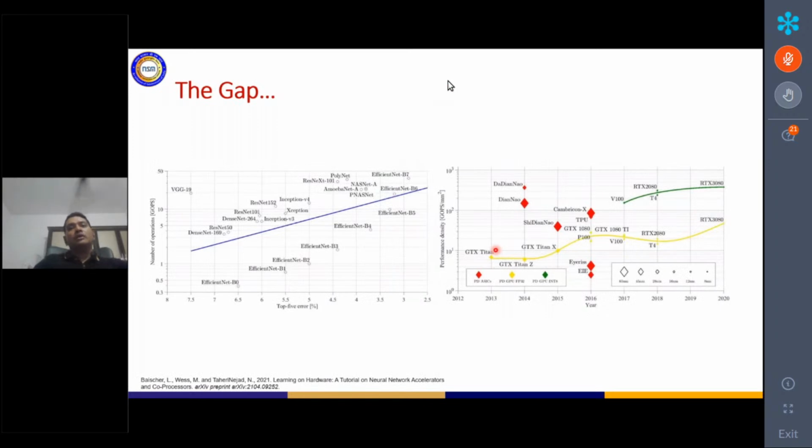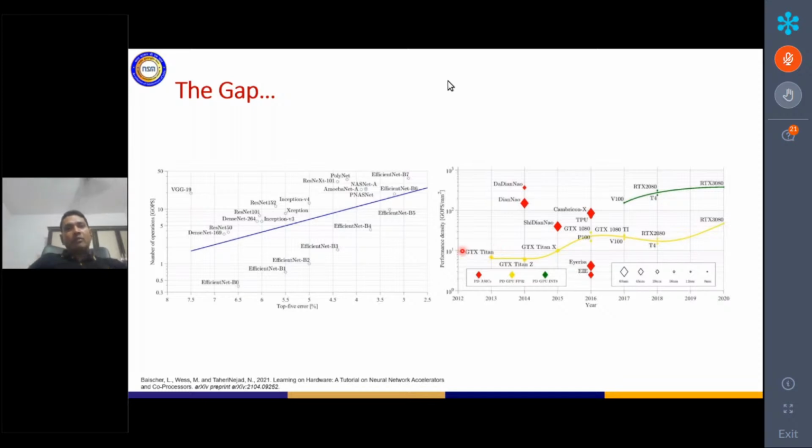Now we are talking about the gap. I mentioned this gap several times in the previous slides, and we will go through it again just to summarize whatever we have studied so far. So what is the gap about?